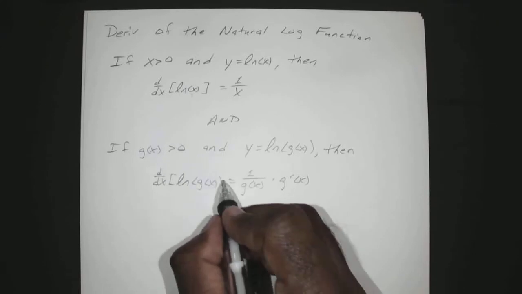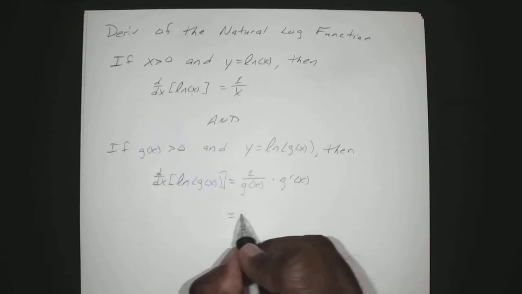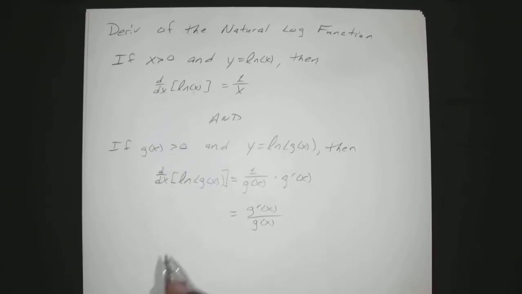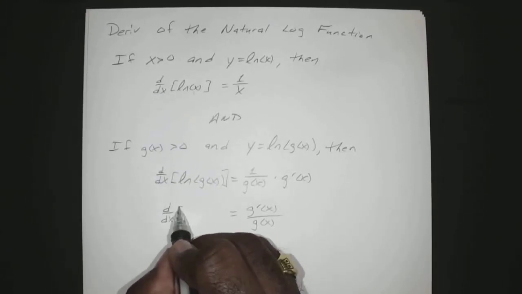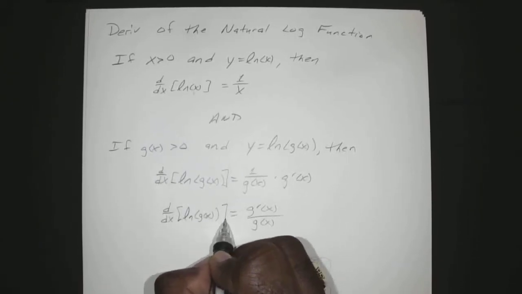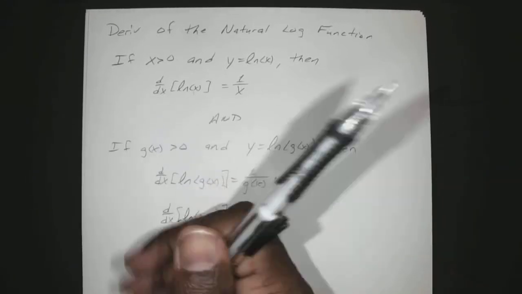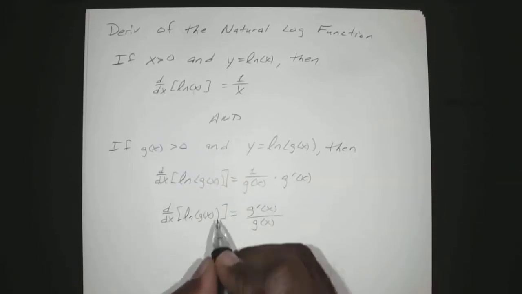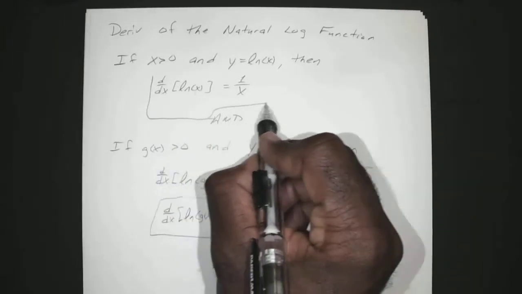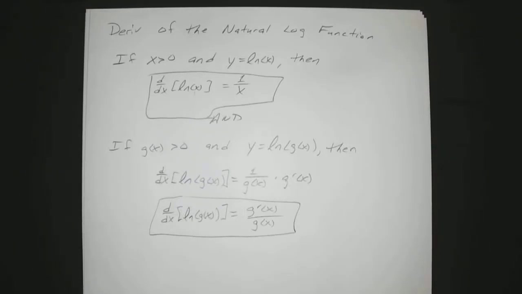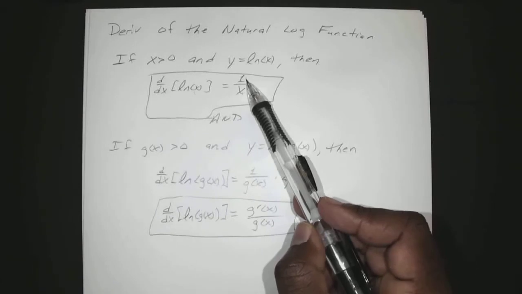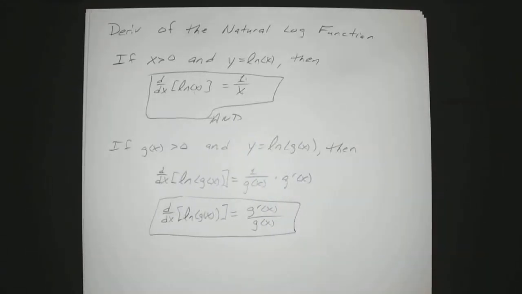Or I usually just call it g prime of x over g of x. Which, if you look at the natural log of x, still, if you have g of x is equal to x, and g prime of x is just 1, so it applies to both.